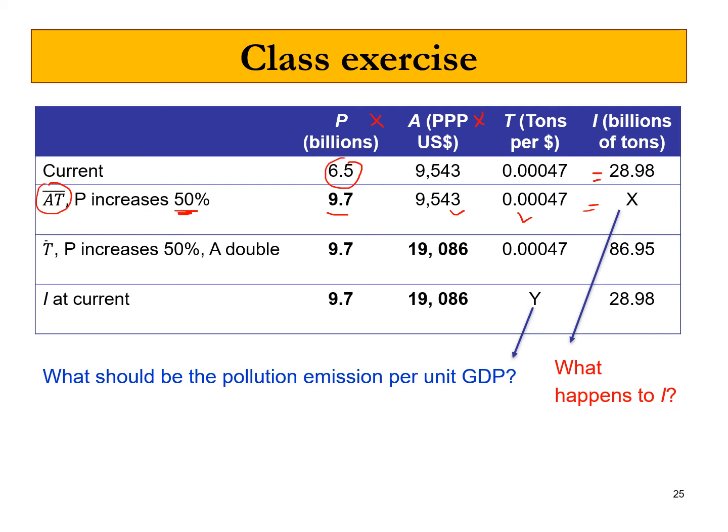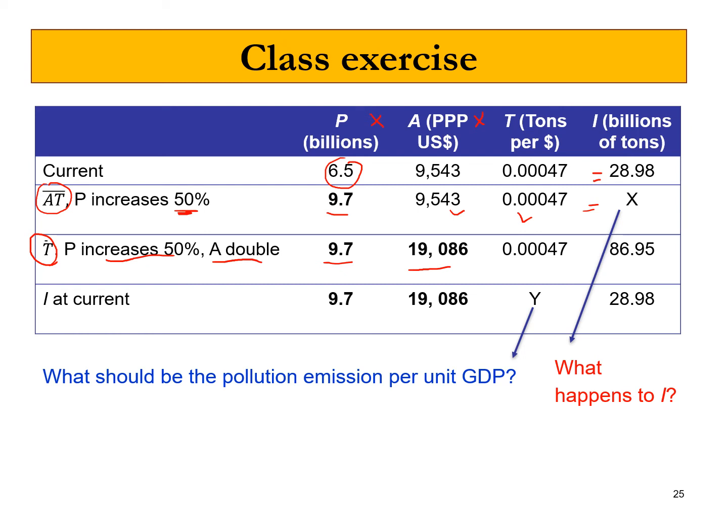The third scenario, we have our technology constant, and our population increases by 50%. The same, previously it is 6.5, now we have 9.7 billion, and our affluence is doubled. The affluence previously is 9,000 plus, now it becomes double, so you get 19,000 plus.